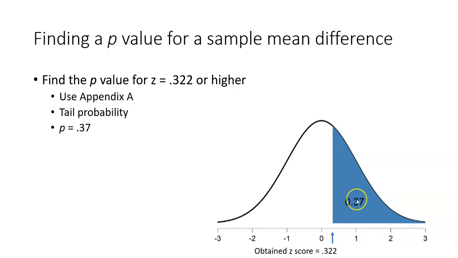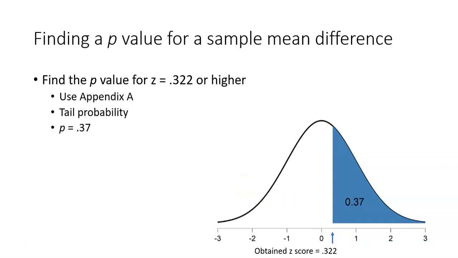This is the proportion of all sample means that are equal to or greater than a z-score of 0.322. Again, this is the proportion of all sample means that are equal to the sample mean we got or greater.